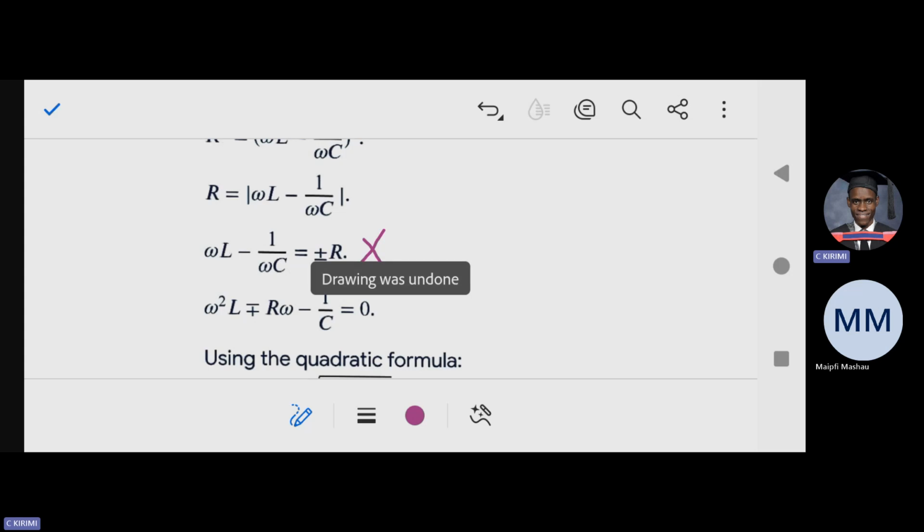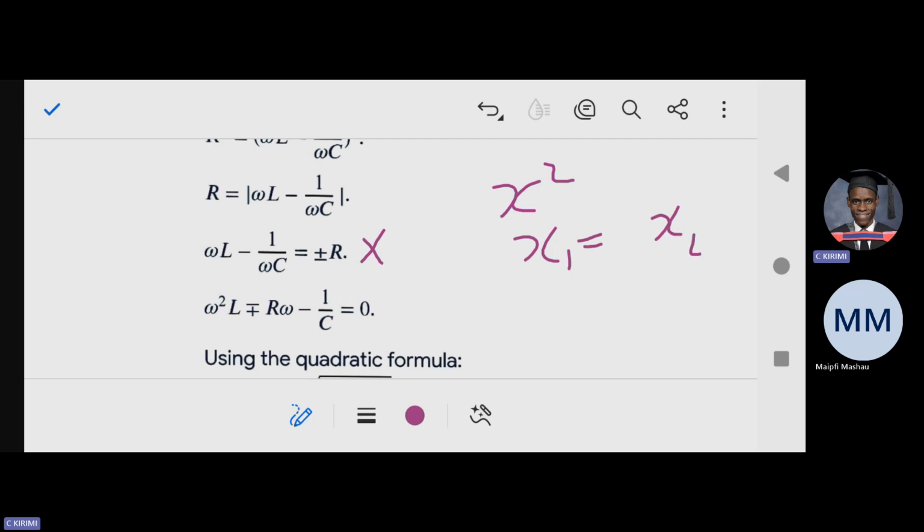Because if it's a quadratic equation, if you have x squared, which means at the end your solution will be the first x1 is equals to something, and your next solution or x2 is equals to something. Always you are having two values of what? Of x. Yes.